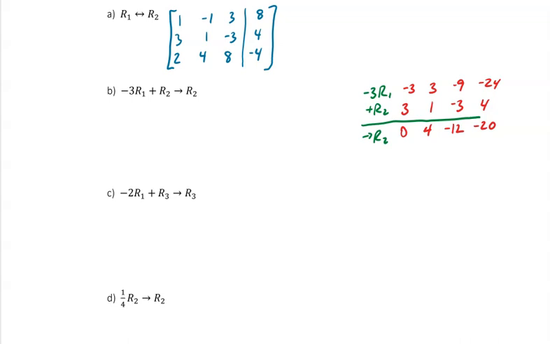That's our new row 2. So whenever we rewrite our matrix, row 1 didn't change because we're not replacing that. So 1, -1, 3, 8. Row 2 we did replace. So that's going to be our new one of 0, 4, -12, -20.